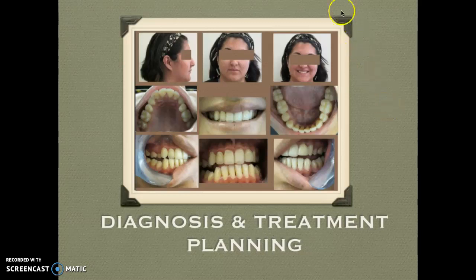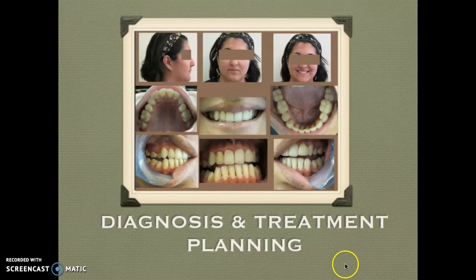Then we also have photographs taken of the dental arch from an occlusal perspective. And you see we have a maxillary and a mandibular. We have a smiling photograph, just when the patient laughs, kind of an open smile there. And then we have the anterior occlusion as well as the posterior occlusion.